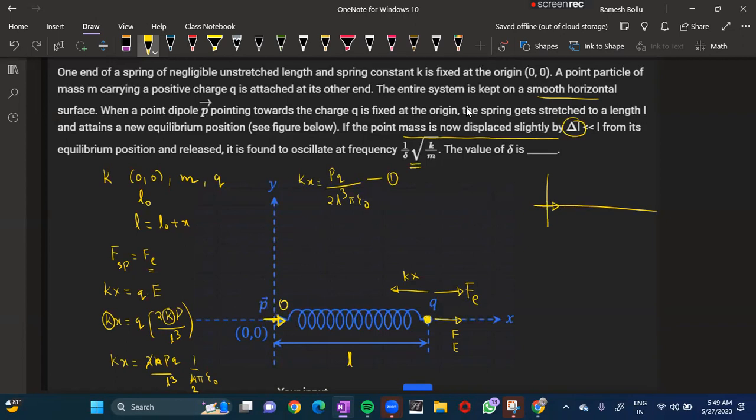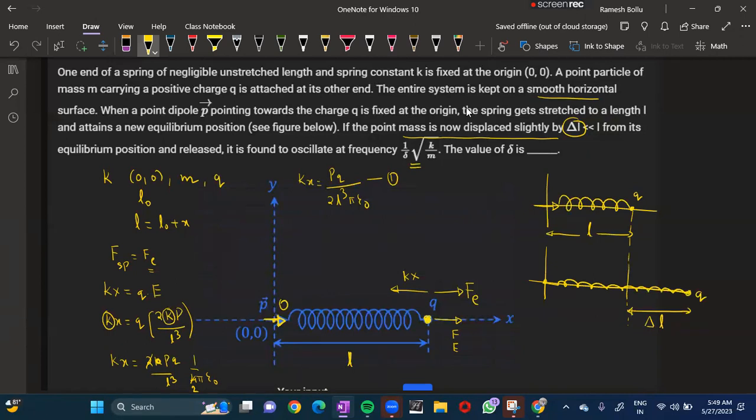This is the dipole. Here, this is the charge. The length is small l between them. The spring is elongated by delta L.